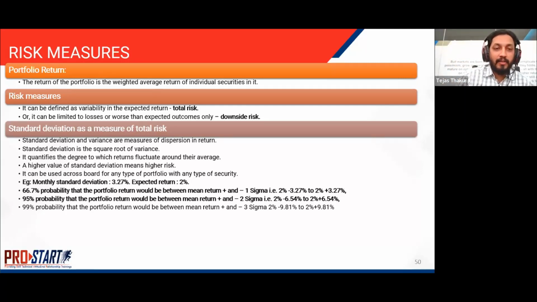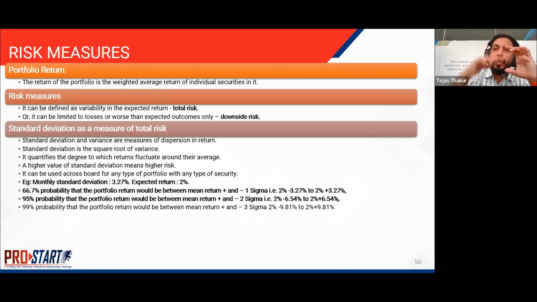So if, as an example, the monthly standard deviation is 3.27% and the expected return, the mean return, is 2%, it means that there is a 66.7% probability that the return of the portfolio will lie within 1 sigma, or basically 2% plus 3.27% and 2% minus 3.27%. So between a range of 5.27% on the upside and minus 1.27% on the downside, within that range, 66.7% of the time the returns will be in this range. That's what standard deviation will tell you.